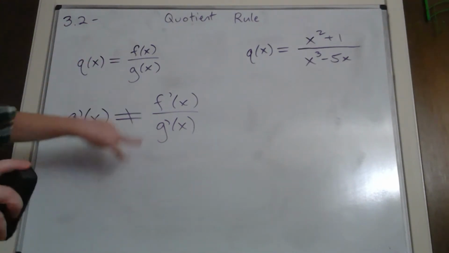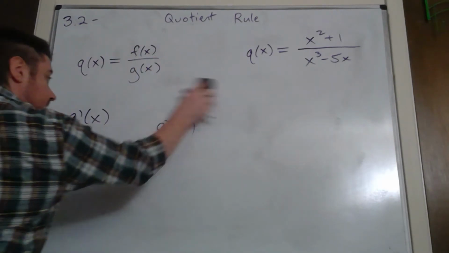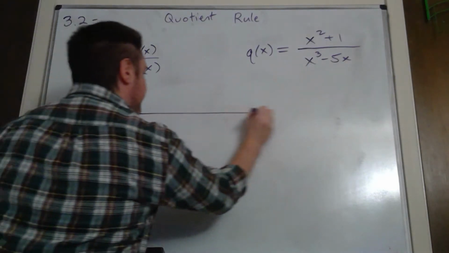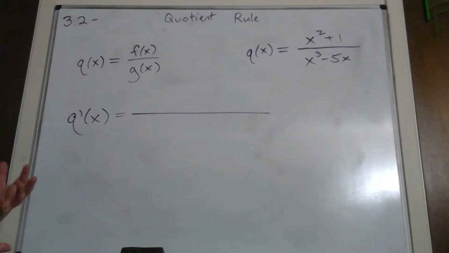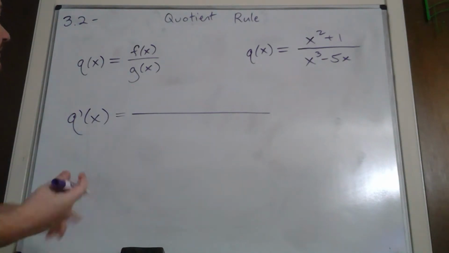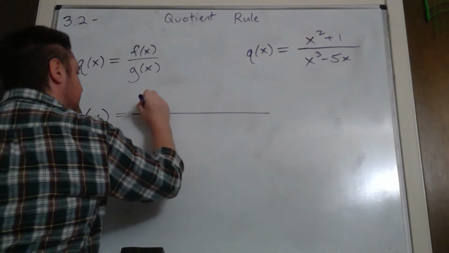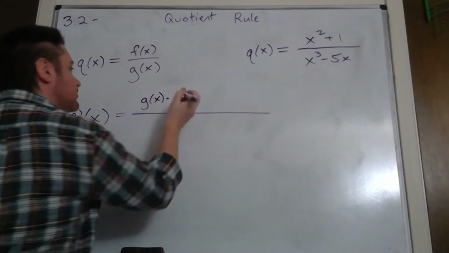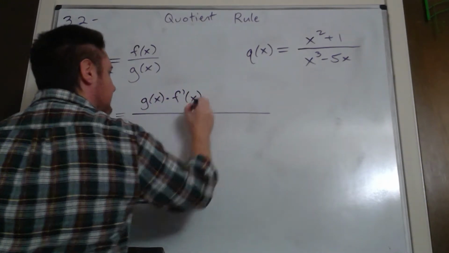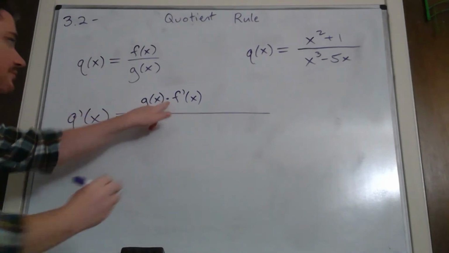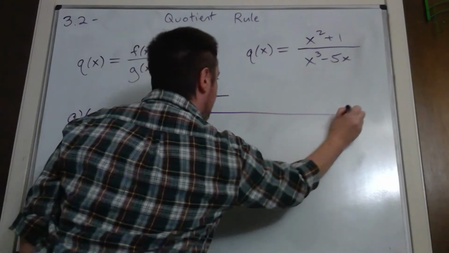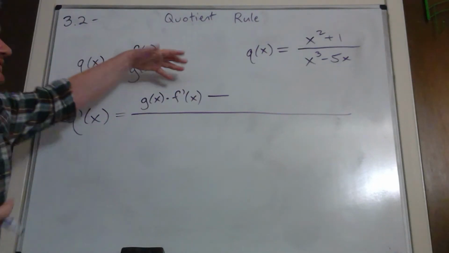Okay, so if that's not what it is, then what is it equal to? So first I'm going to write it out all as functions of x. Then I'll sum it up without drawing the of x's because they can make this take up more space. But what it is, it's the bottom function, so g of x, times the derivative of the top function, so times f prime of x. All right, so you get a product up in that numerator minus a product of the other combination.